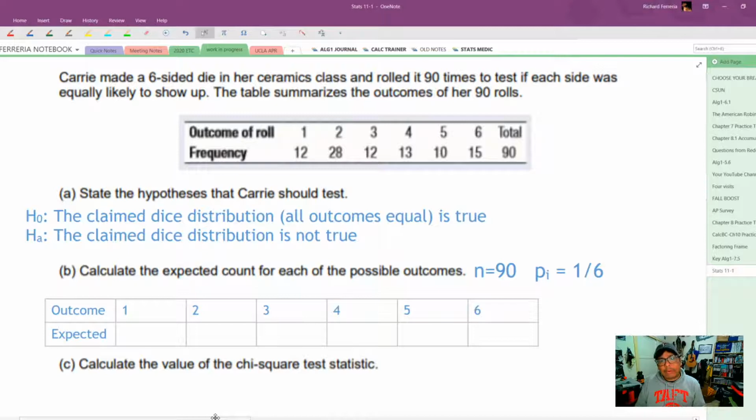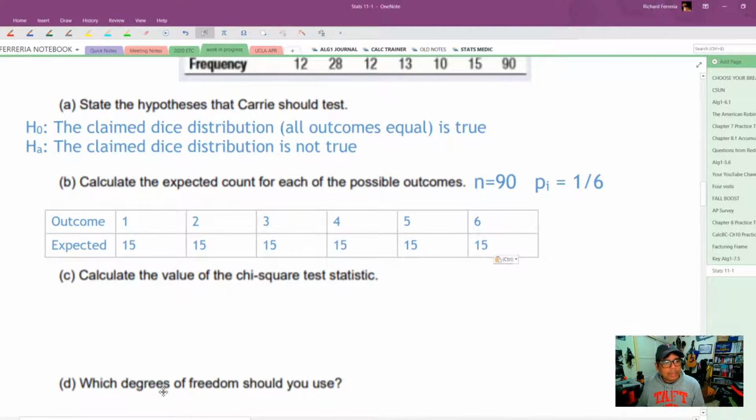So for each outcome 1 through 6, the expected value is 90 times 1/6. For every outcome, it's the same because we're hypothesizing that the die is a fair die. And that works out to be 15 for every one of the outcomes.